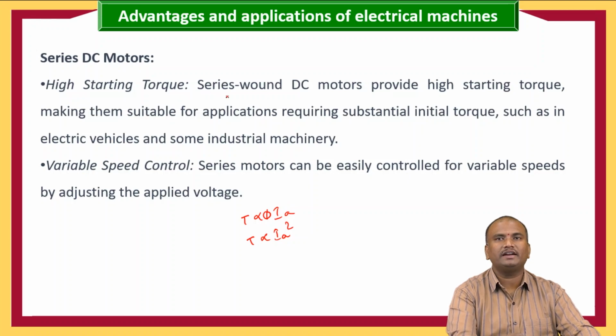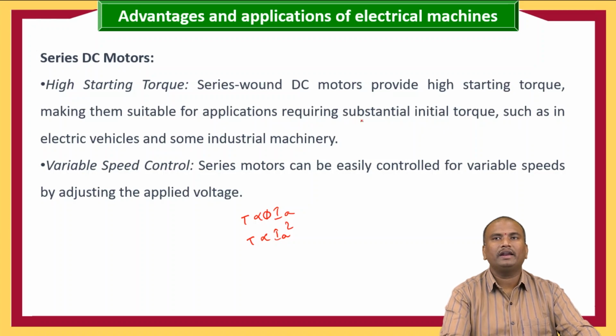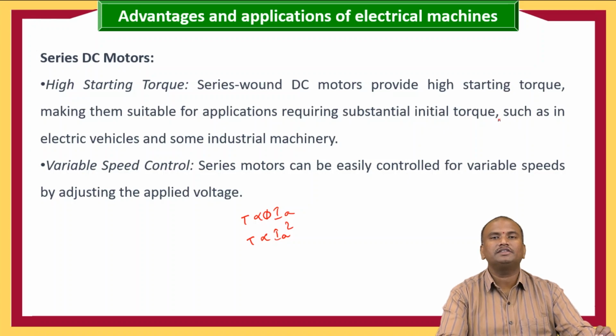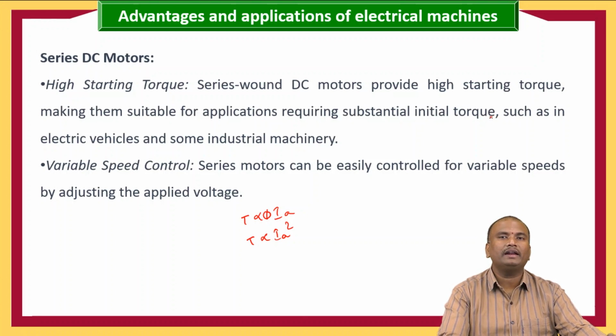So series wound DC motors provide high starting torque, making them suitable for applications requiring substantial initial torque, such as in electric vehicles and some industrial machinery.